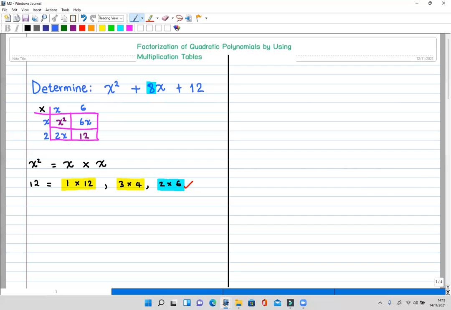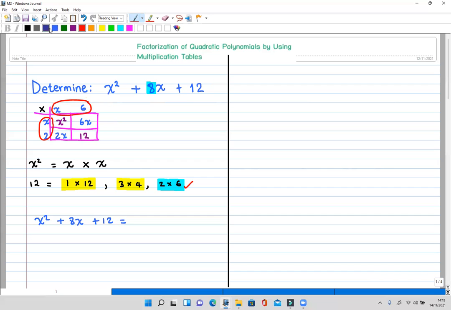Now, what does this imply? It means that x squared plus 8x plus 12 is equal to this part times this part.